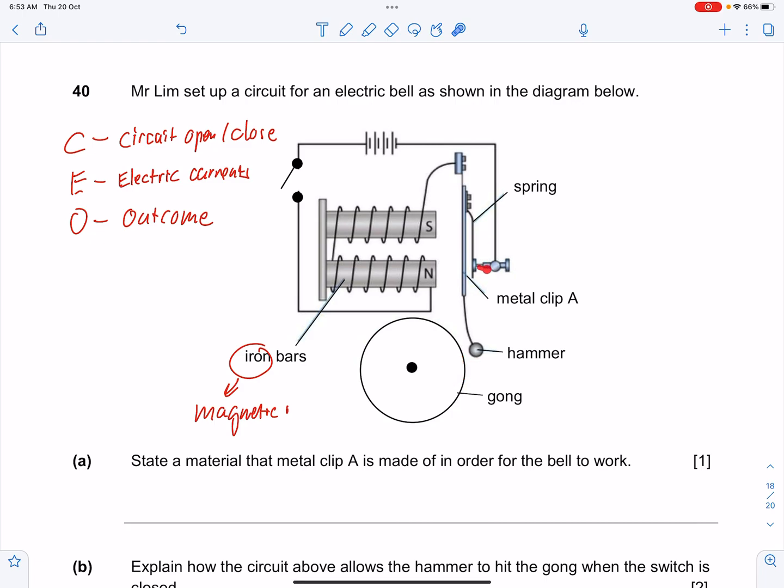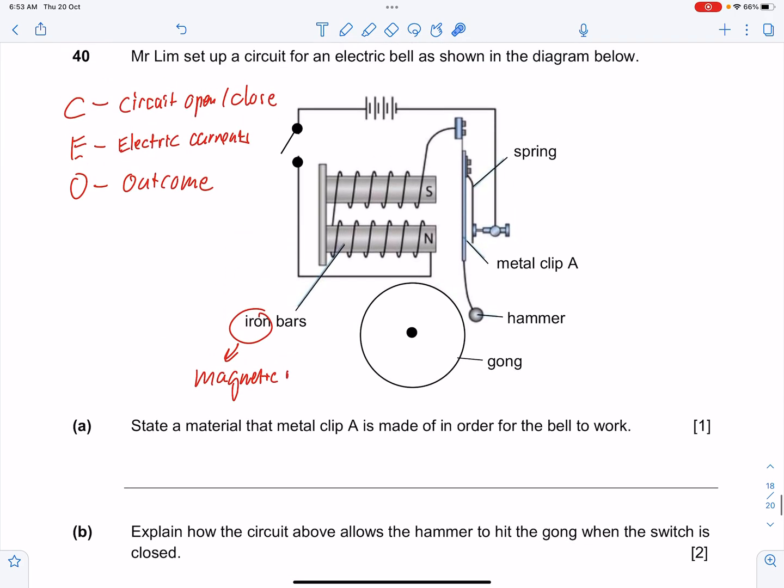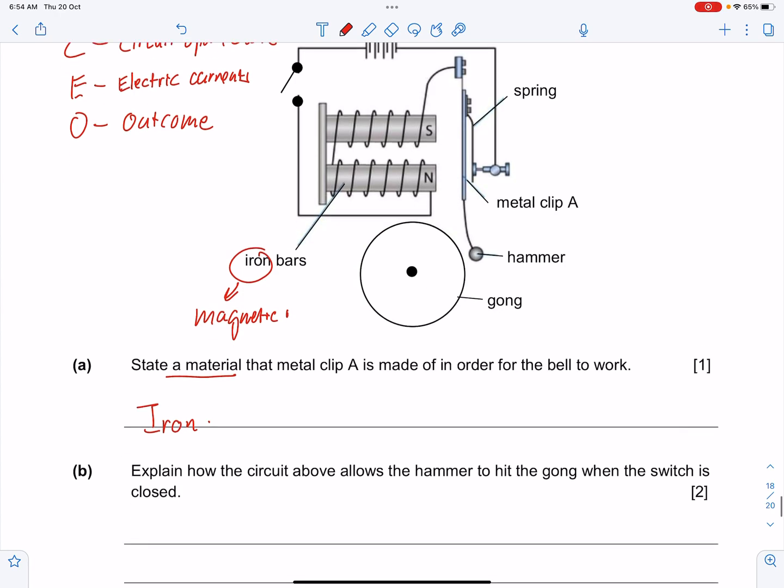Okay, right. So state the material or metal clip in order for the bell to work. So in order for this to be attracted to this, it needs to be a magnetic material. So examples of magnetic material would be iron. So you cannot just say magnetic material because they ask you to state a material. They never say the type of material, right?